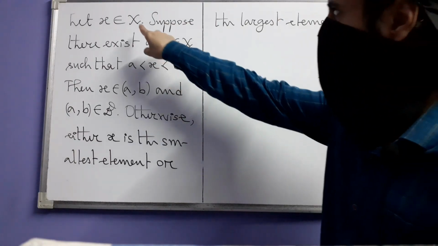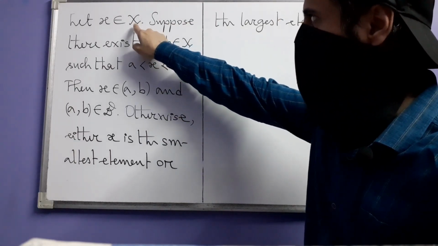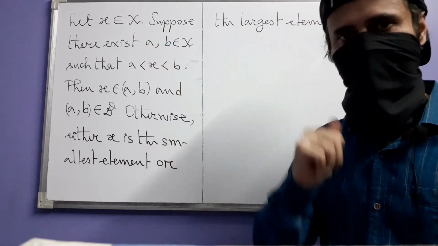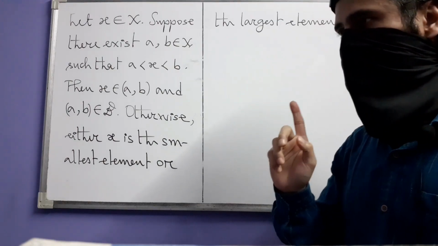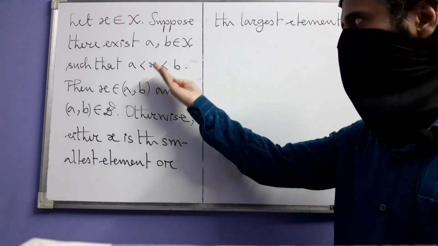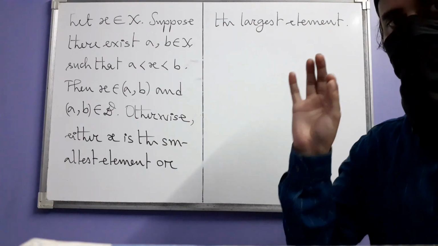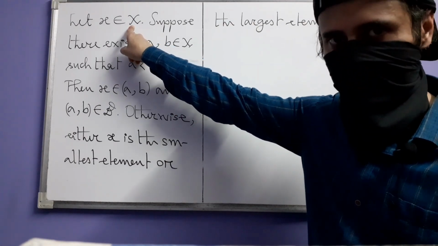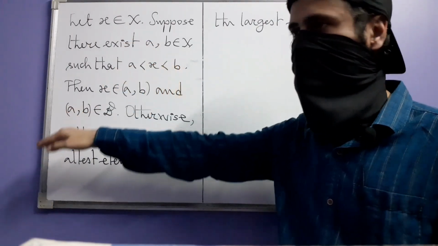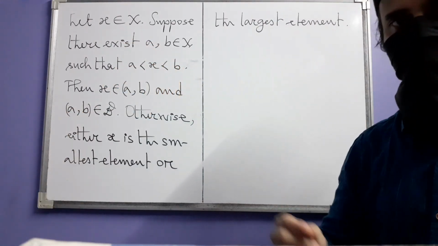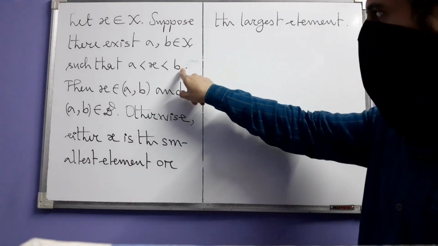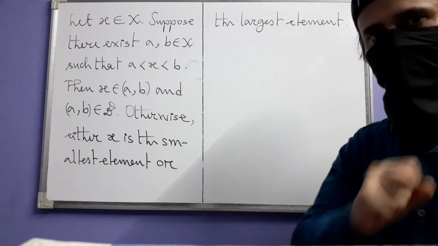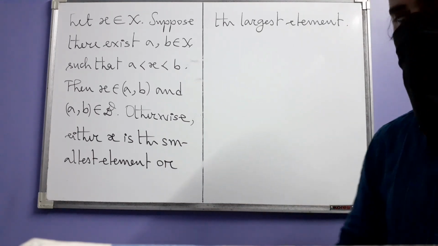It means that no matter whatever element you choose from your set X, that is not less than X. But not less than X means what? Then it has to be greater than or equal to X. But that makes X the smallest element of capital X. So that way, if no element on that side of X can be found, then X has to be the smallest element. Similarly, if no element on this side of X can be found, then X itself has to be the largest element. There is nothing larger than X.